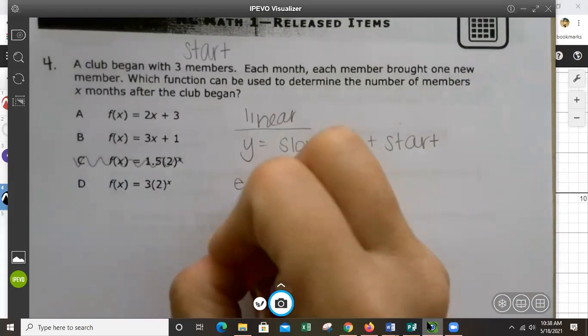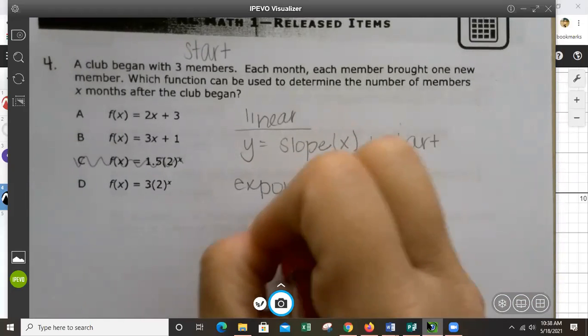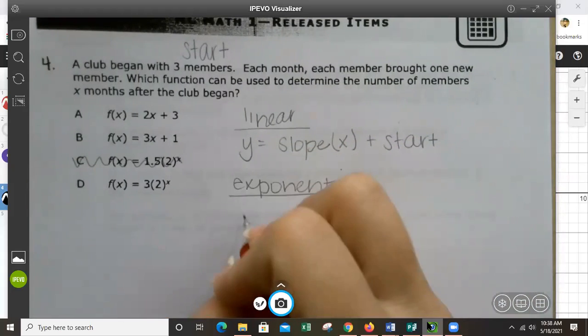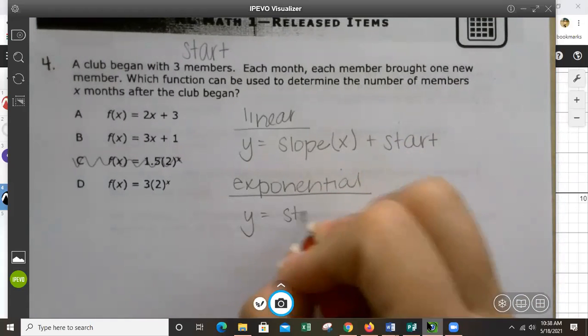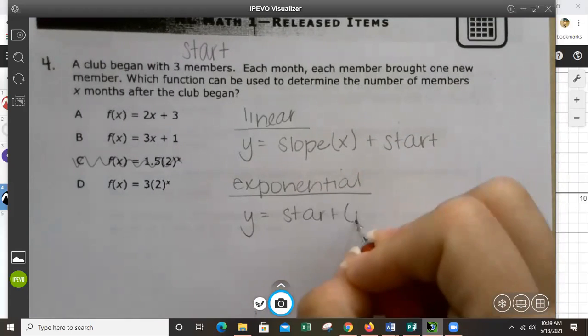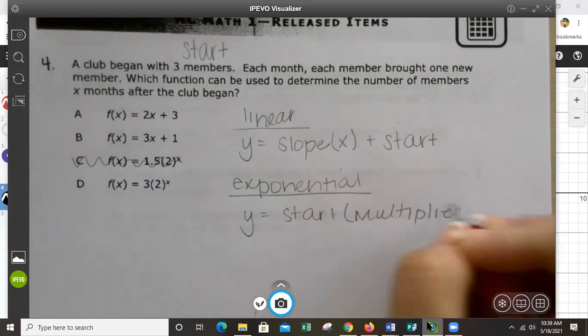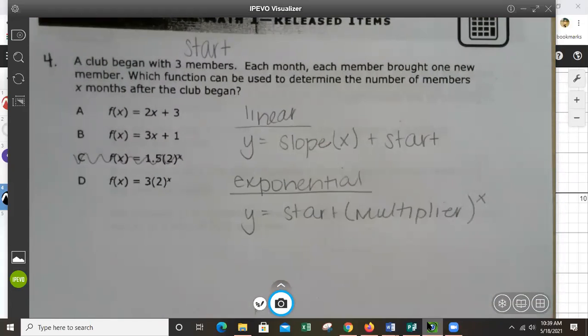If it's exponential, it's going to be y equals your start times your multiplier to the x.